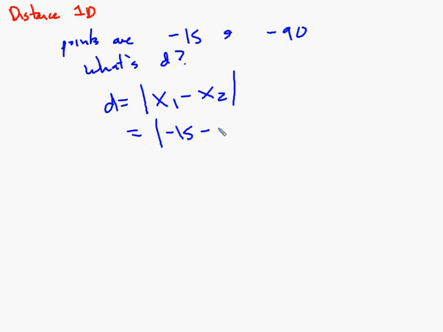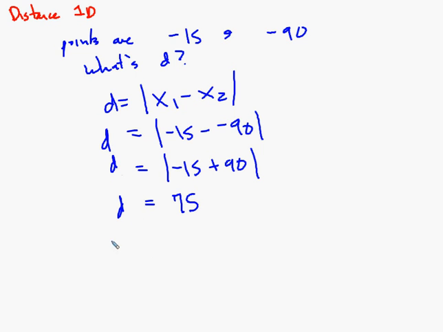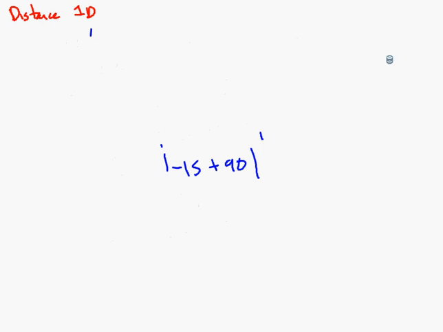So negative 15 minus negative 90, negative 15 plus 90, which is 75, pretty sure. Alright, so that's that one. Pretty simple there. But what if x1 equals 18 and distance is, let's say, 12?